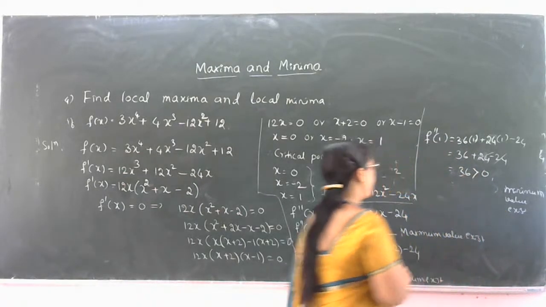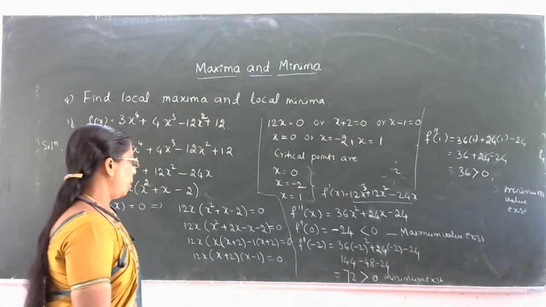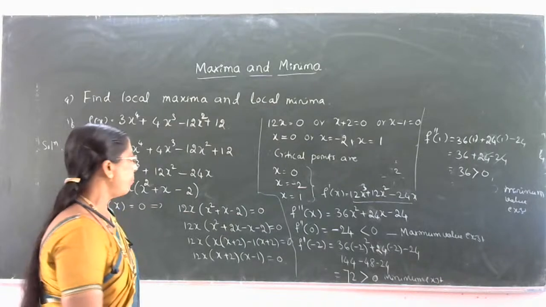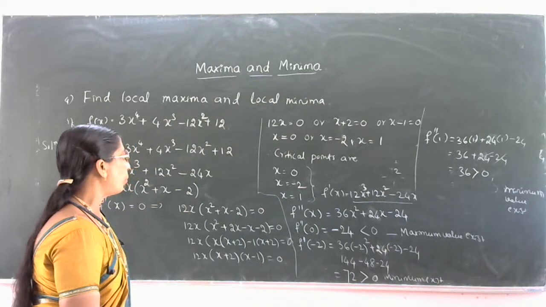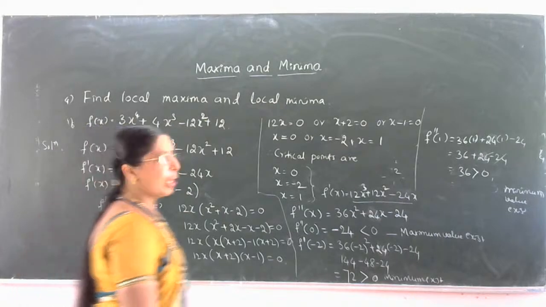At x equal to 0, a maximum value exists, and at x equal to minus 2 and plus 1, a minimum value exists.